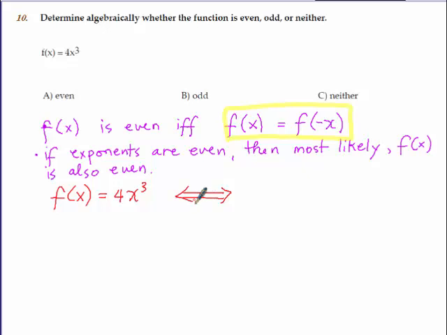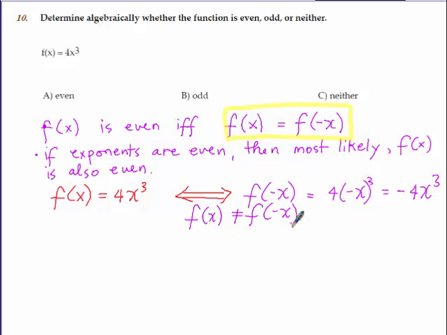What is our f of negative x? This is equal to 4 times negative x cubed, and that will give you negative 4x cubed. So our f of x is not equal to f of negative x. Therefore, the function is not even.